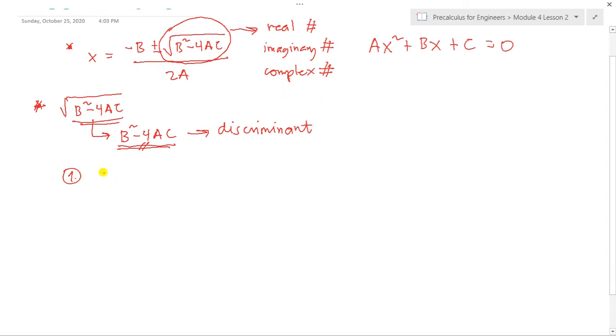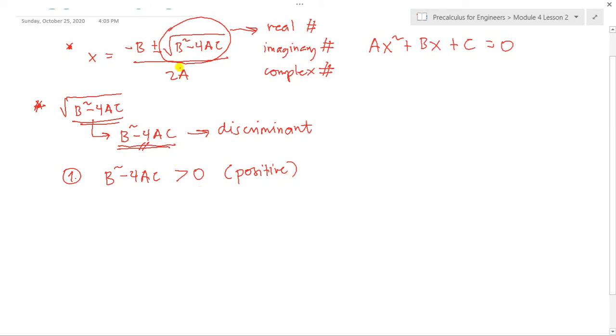For our first rule or criteria, how about if the answer of our b squared minus 4ac, our discriminant, is greater than 0? What does it mean when it is greater than 0? The answer is positive. So it will be positive 1, positive 2, positive 3.